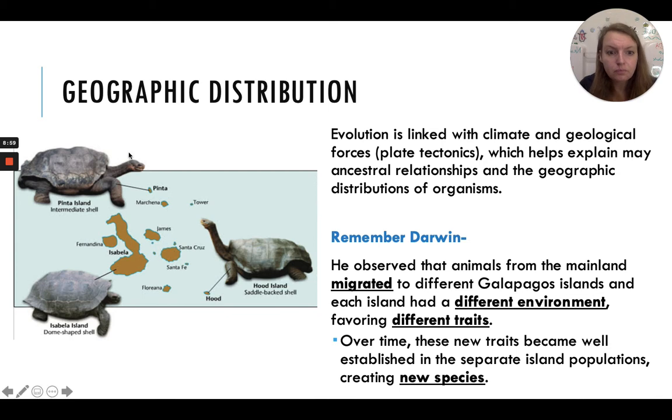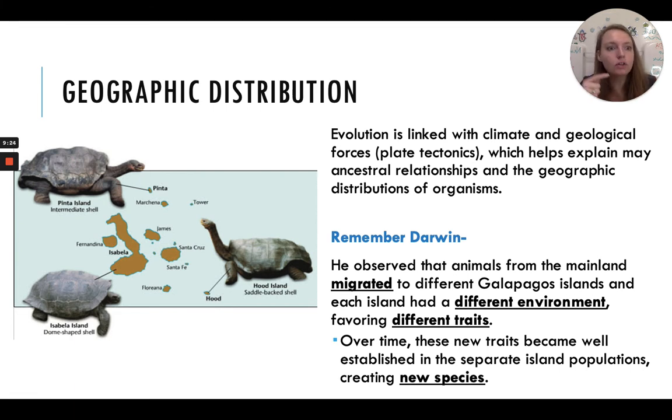And so he realized that animals from the mainland, from South America, must have made their way to the Galapagos and then moved to each island. And on each island, just like these tortoises, there were different environments, different conditions that favored specific traits.